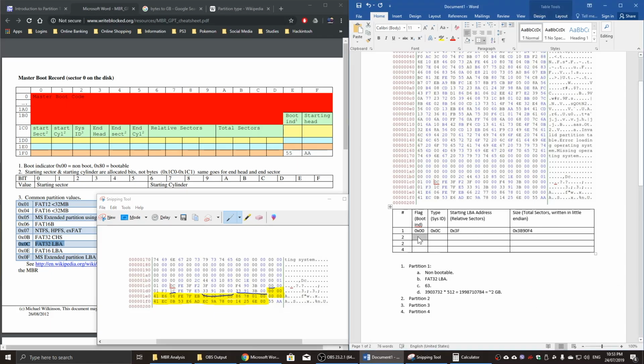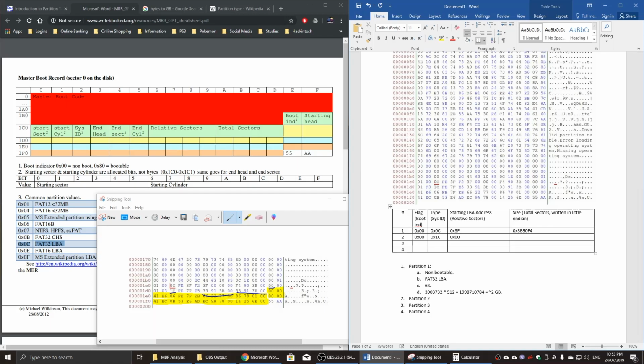So the boot indicator is 0x00 again, and the type is 0x1C. The starting LBA in little endian is 0x00 3B 91 33. I'm not going to include the starting zeros if there are any, or actually I will, just so it's easier, but I think you'll pick it up by the end of the segment the more we do it. By the time we get through 4 partitions, it should be quite familiar.